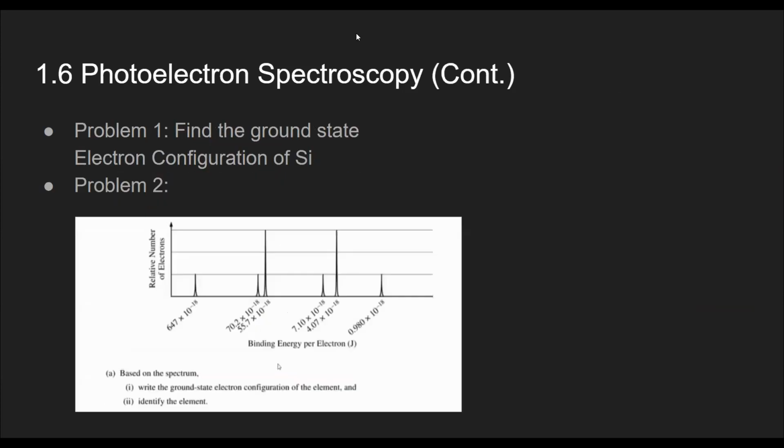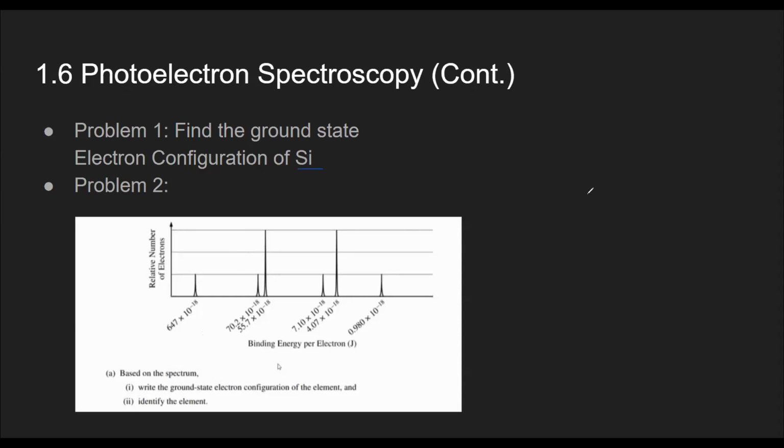So let's try a problem with this. First of all, you have to find the ground state electron configuration of silicon. And basically what you have to do for this is get a periodic table out. I'm just searching it up right now.